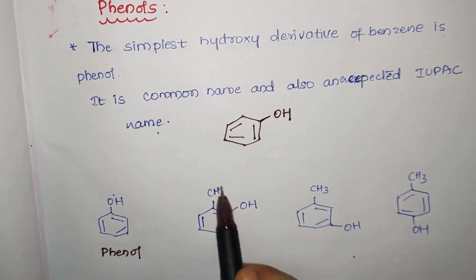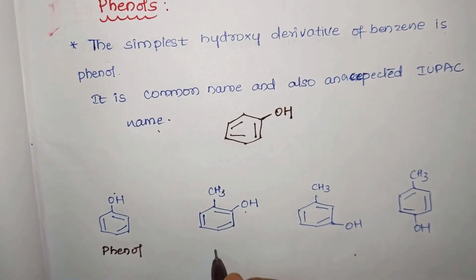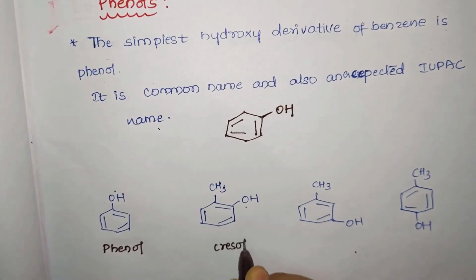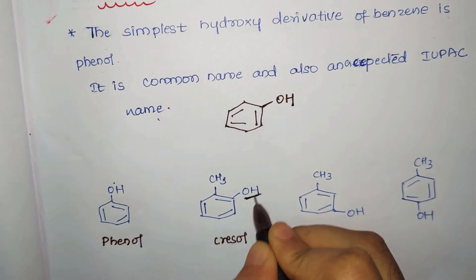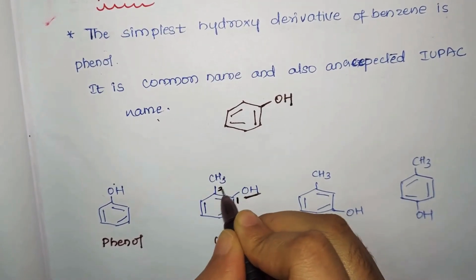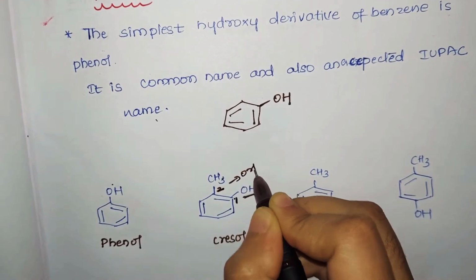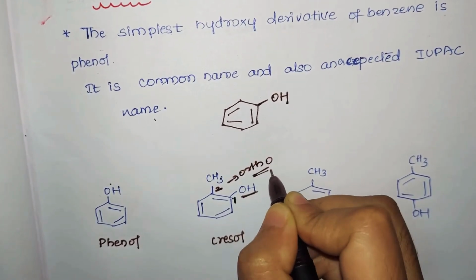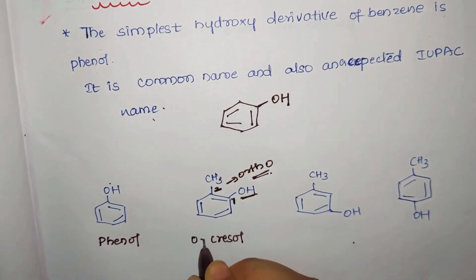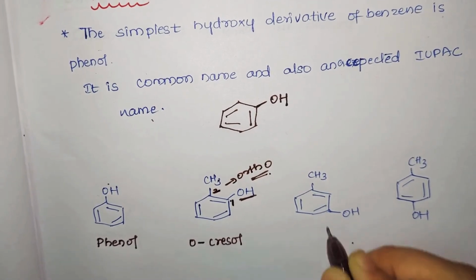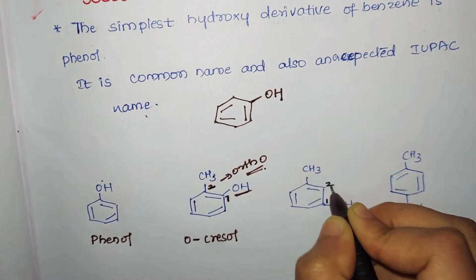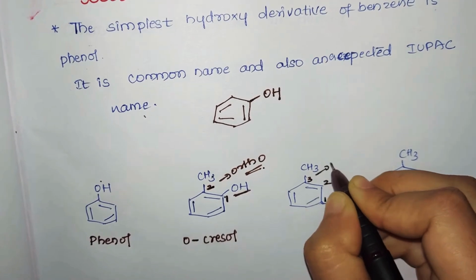Whenever a methyl group is attached to phenol, the common name of it is cresol. I hope you remember the ortho, para and meta positions. So with respect to OH, if methyl is present on the second carbon atom, we call it ortho position and the common name is orthocresol. Similarly, with respect to OH, CH3 is present on the third carbon atom.